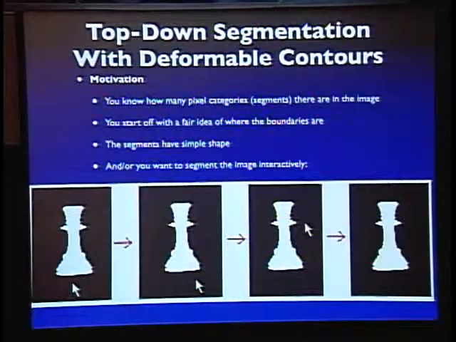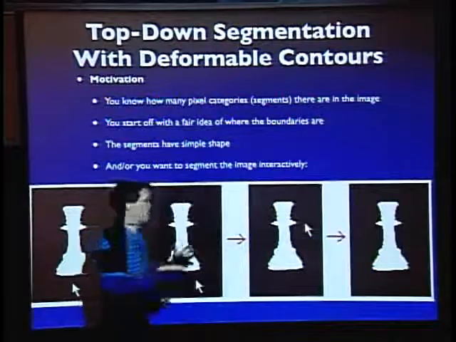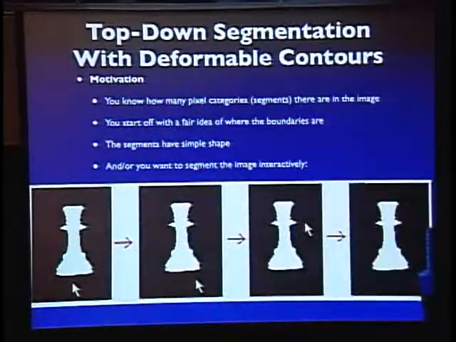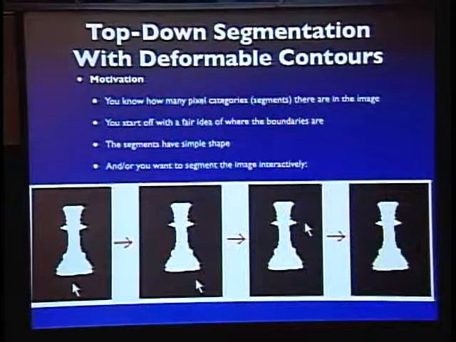In particular, if you already know how many categories of pixels there are in the image, and you start off with somewhat of a notion of where the boundaries between these categories of pixels are, and if you assume that each of the groups of pixels have a somewhat simple shape, in other words, it doesn't look like popcorn, or a television static pattern where you have category 1, category 2, category 1, category 2 in a somewhat random or checkerboard pattern. If they have a simple shape, they're kind of blob-like. Or if you want to segment the image interactively, you can use this technique called deformable contours.